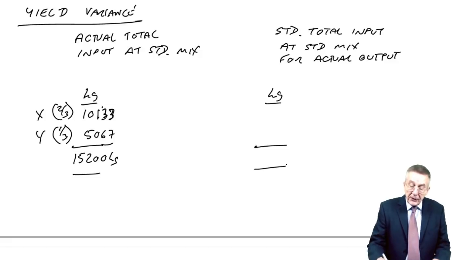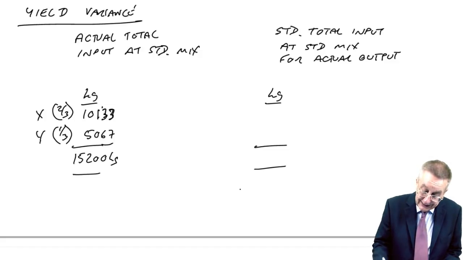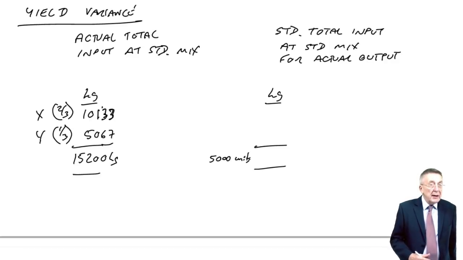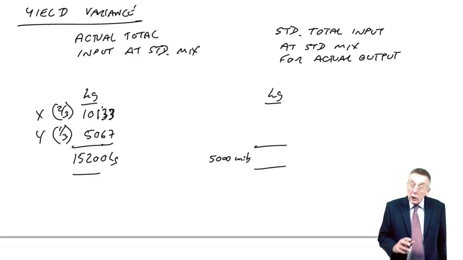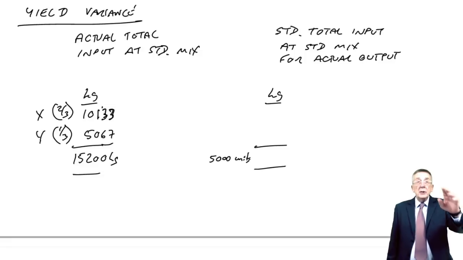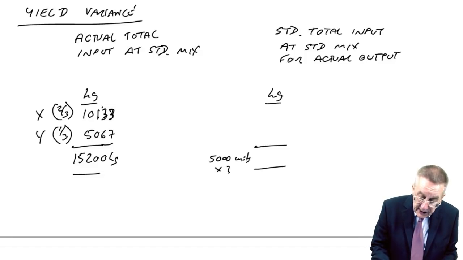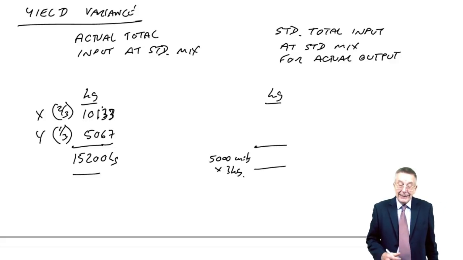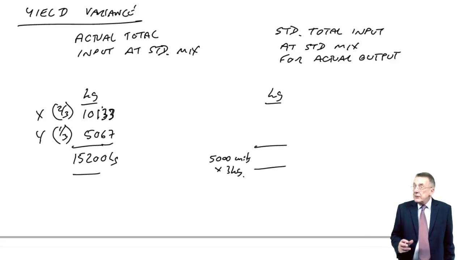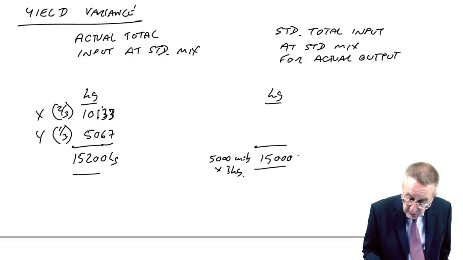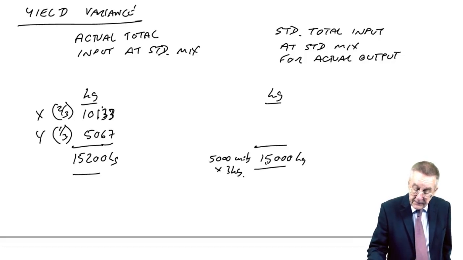We produced 5,000 units. And in total, how many kilos should we have used per unit? Look back at the cost card. Every unit should have used 2 kilos of X, 1 of Y. It should have been 3 kilos a unit. And so if we had done things perfectly, we would have used 15,000 kilos.